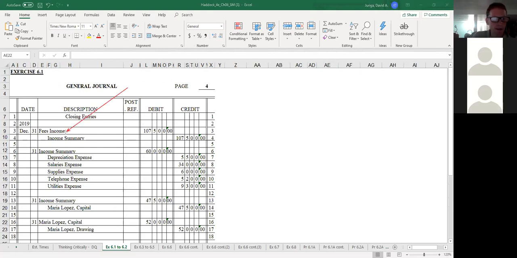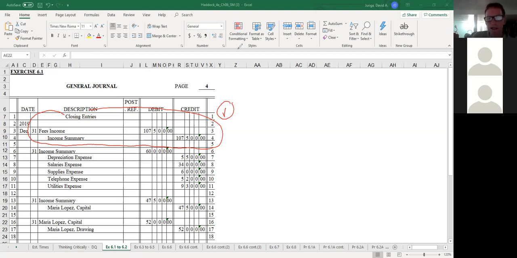Notice they debited fees income for the 107.5, and then here's income summary getting credited. Look at the first entry only. Don't look at anything else. I just want you to focus on this entry right here. I would generally call that closing entry number 1. And we're done. That's it.